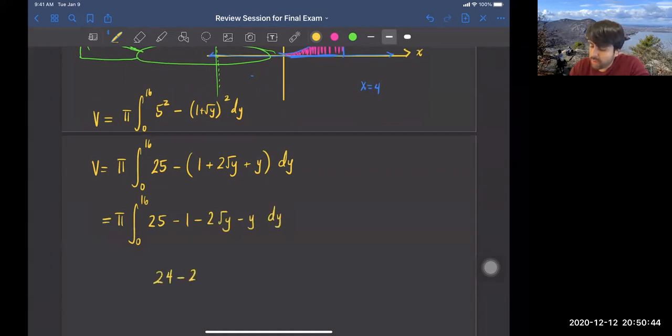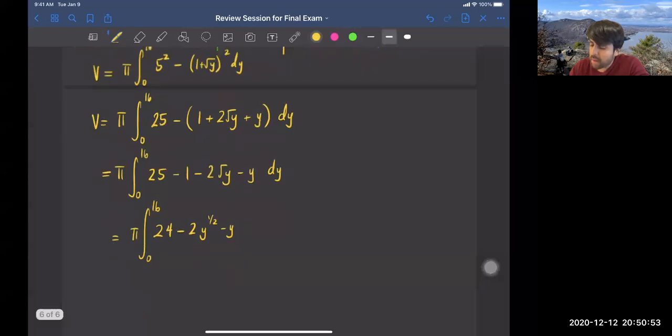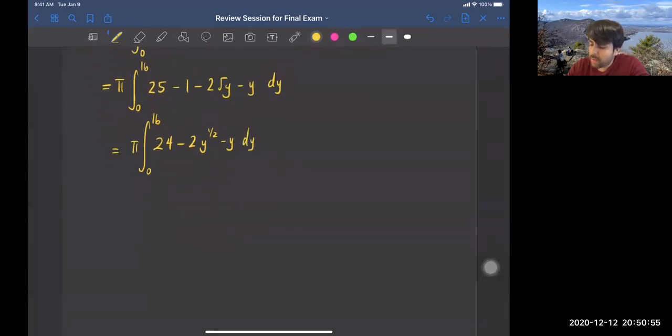24 minus 2 rad, I'm going to rewrite this as y to the 1/2 power minus y from 0 to 16 pi dy. This becomes 24y minus 2y to the 3/2. And then we're going to put this over 3/2, which becomes 4/3 minus y squared over 2, evaluated at 16 and 0.